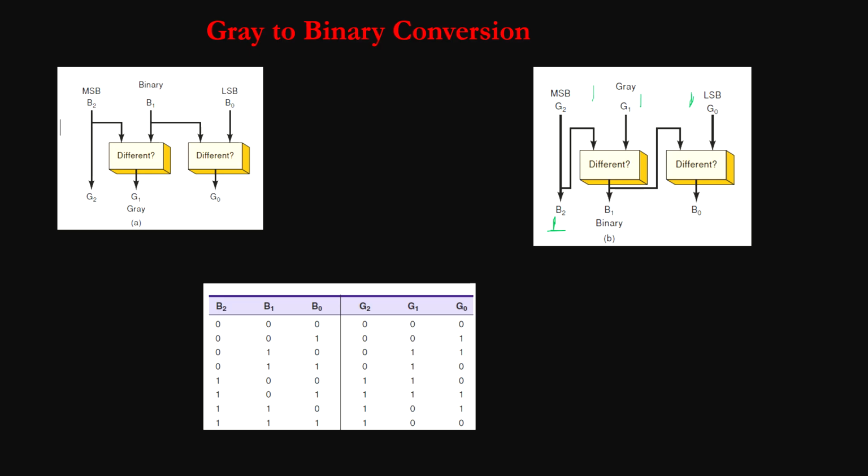Now this 1 will come here, and 1 minus 1 is 0, because Z1 is 1. This 0 will go here, and this Z0 is 1. So 0 minus 1 is 1. So for this 111 gray code, what you got? 101.